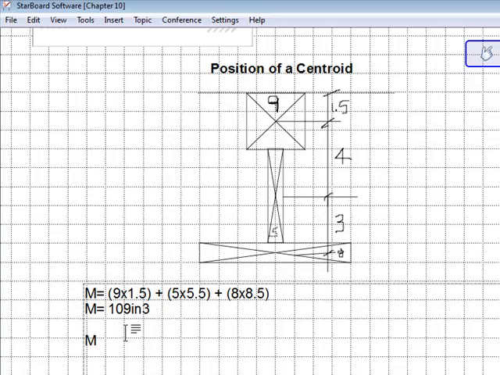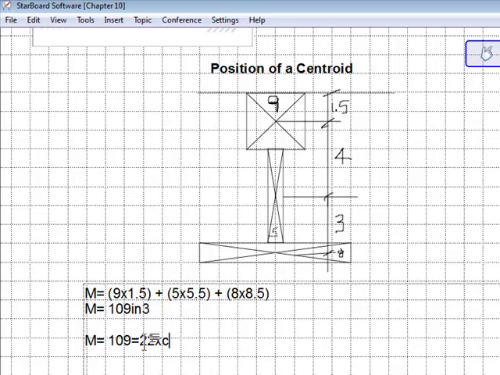So the whole moment is going to be equal to what you figured up there, 109, which is also going to be equal to the total area times the centroid distance.